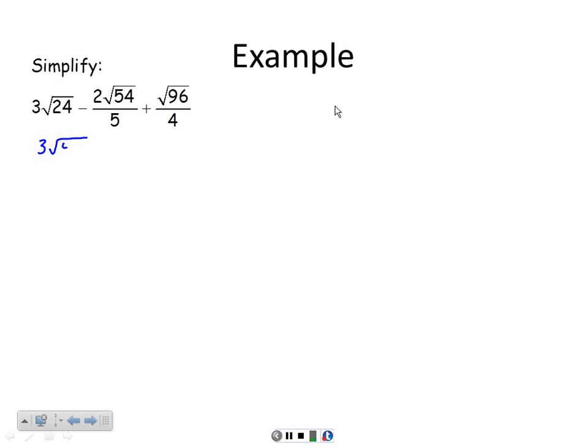So 24 is going to break down into 4 times 6, and then 54 is going to break down into 9 times 6, and then the square root of 96 will break down into 16 and 6.